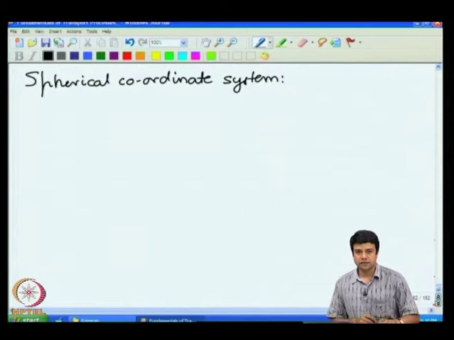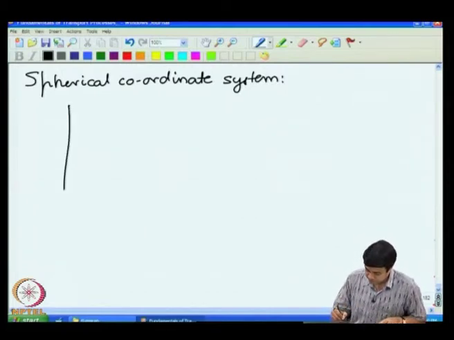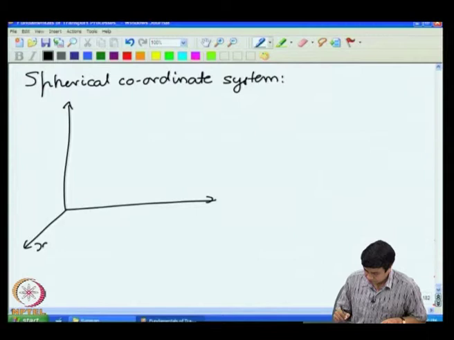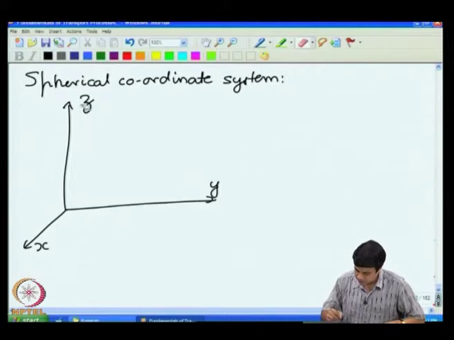Let us first define the coordinates in this coordinate system. x, y and z are the coordinates in a Cartesian coordinate system.